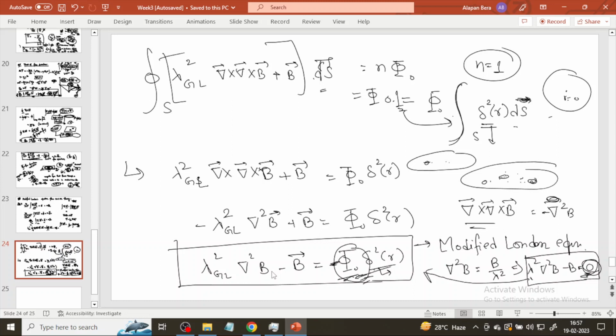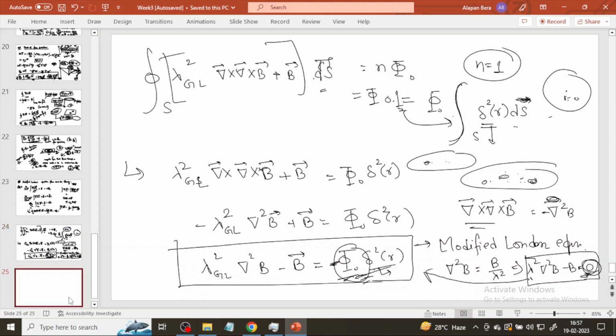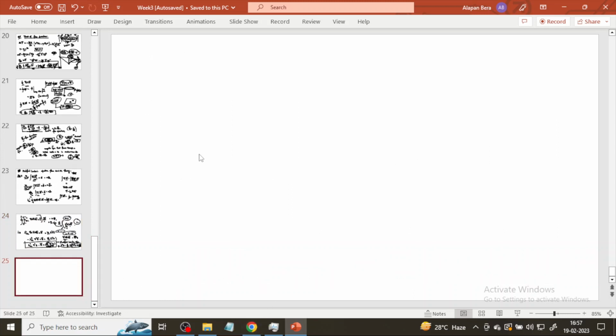Okay, so this concludes the discussion on question number 6, and this is how much we have discussed. I'll stop the discussion session here because there is not much time left. Basically, what I have derived is the modified London equation.